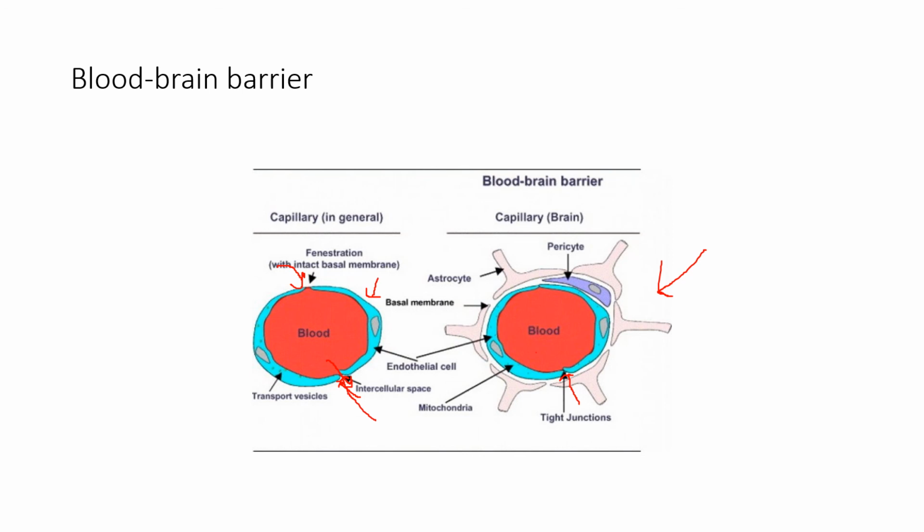They have to actually diffuse through a cell. In addition to that, you have pericytes. This is a cell that is sometimes just outside of, it surrounds the capillary. So anything that's in the blood has to diffuse not only through the endothelial cell, but it also has to go through the pericyte. Then on top of that, you have astrocytes.